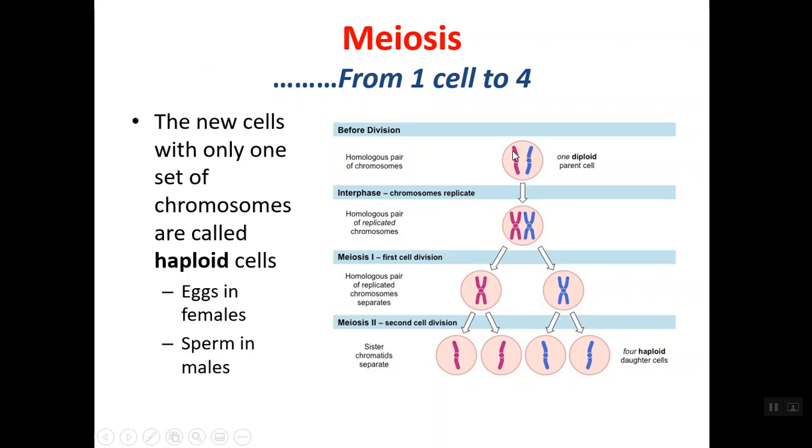For instance, if over here there was a gene that determines the eye color, that would be true also for the homologous. Now, it could be that this one is the allele for brown and this one is the allele for blue. Yes, but it's the gene that determines the eye color.